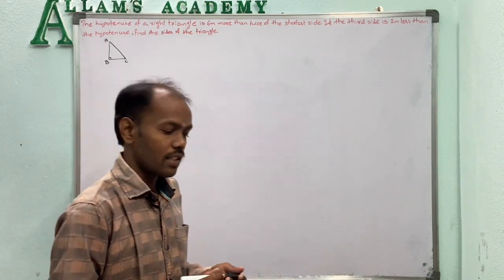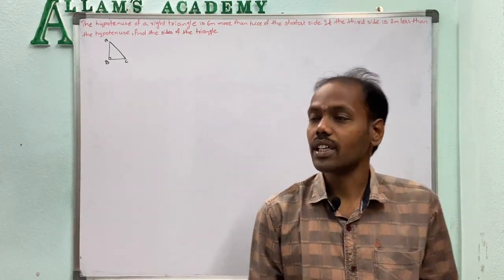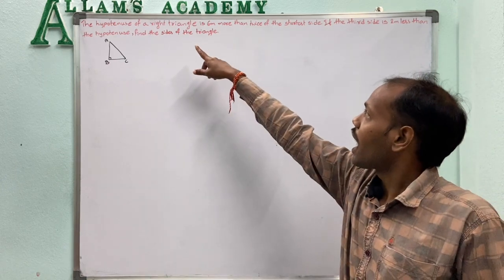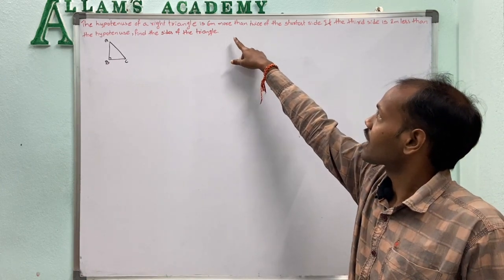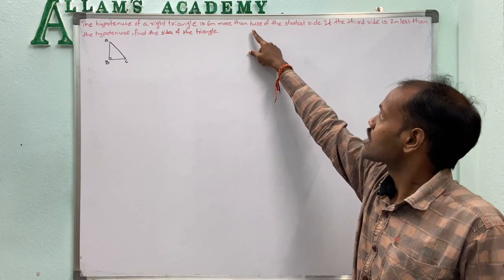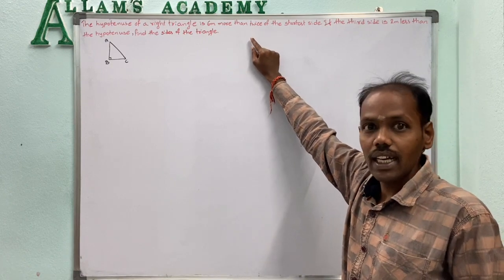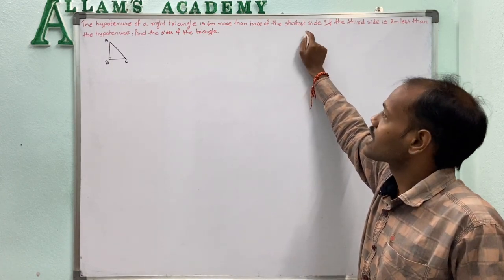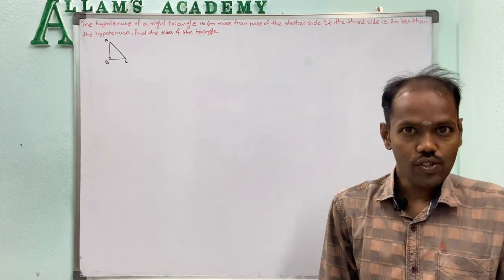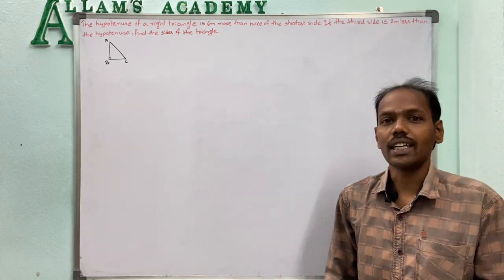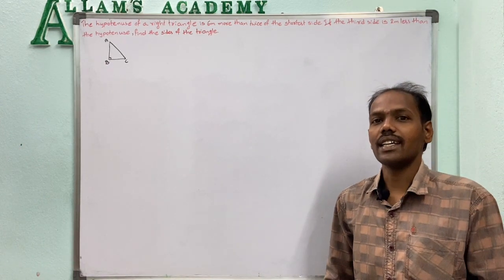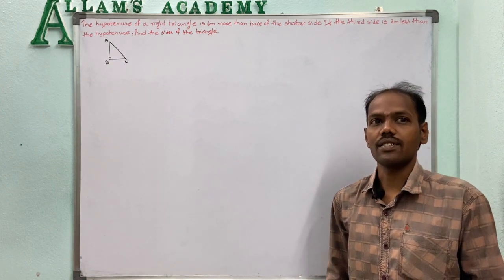Now what is given in this problem: the hypotenuse of the right triangle is 6 meters more than twice the shortest side. So we have to take one of the sides as the shortest side.